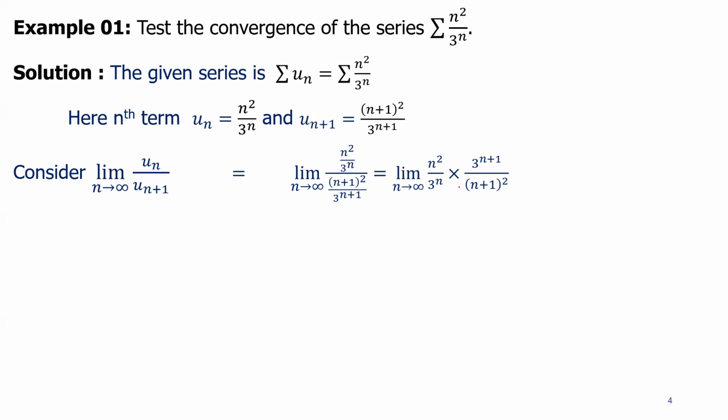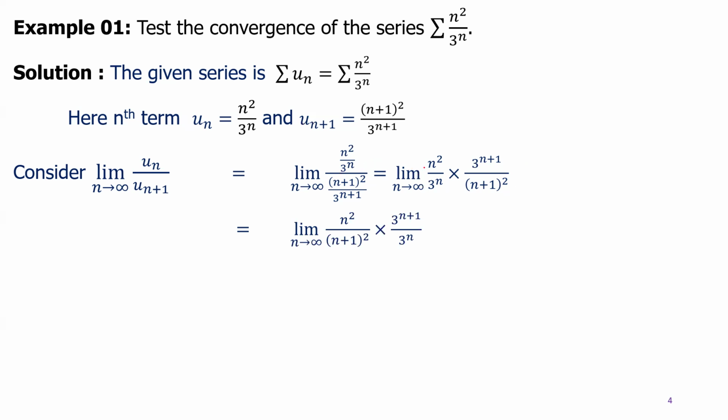It can be written as n square upon 3 to the power n, and the second one will be reversed. So 3 to the power n plus 1 goes to the numerator, and n plus 1 whole square goes to the denominator.